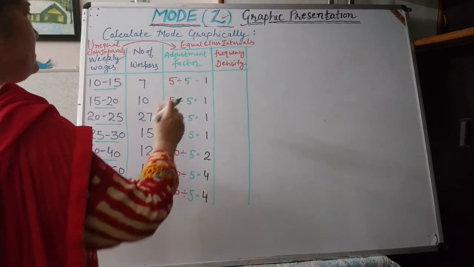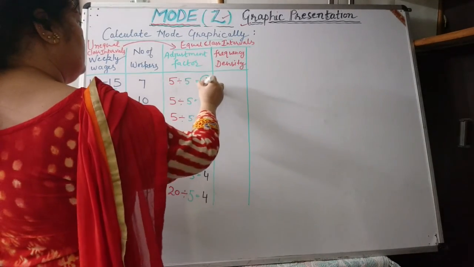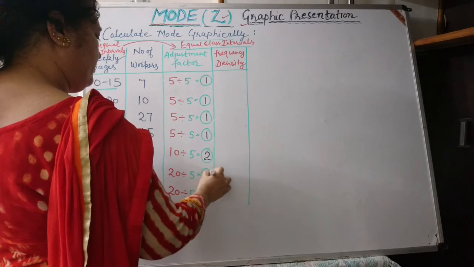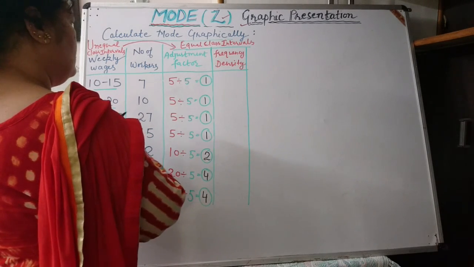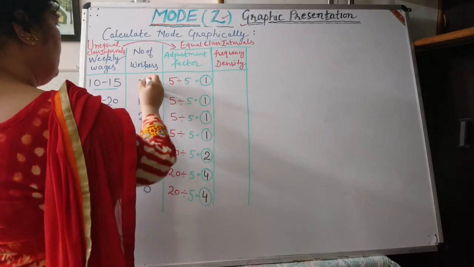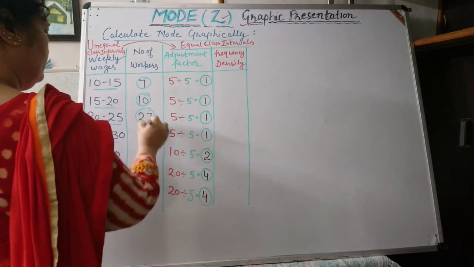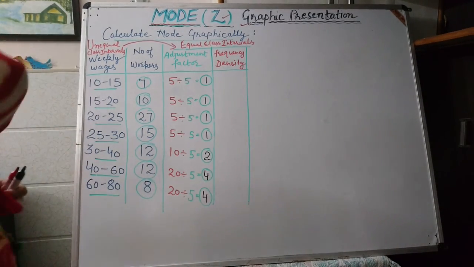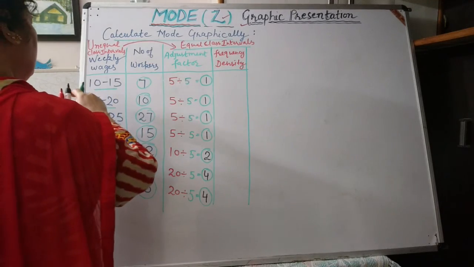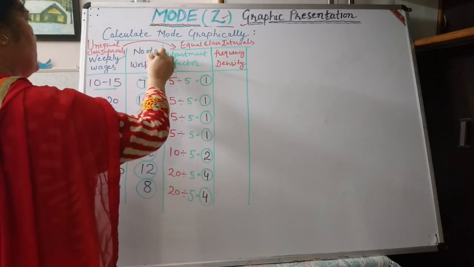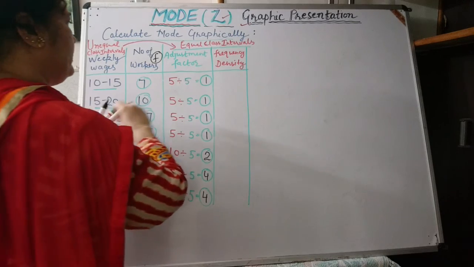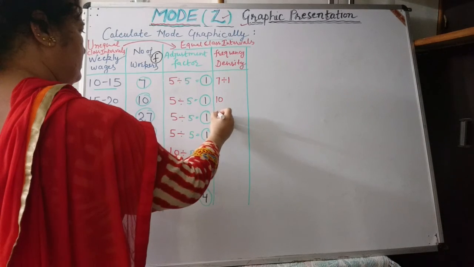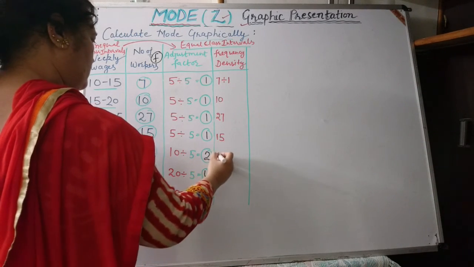In the frequency density, we have found the adjustment factor. We will divide the frequency by these adjustment factors. So this is the frequency, and the frequency will be divided by the adjustment factor. 7 divided by 1. So I am writing down all the frequencies.